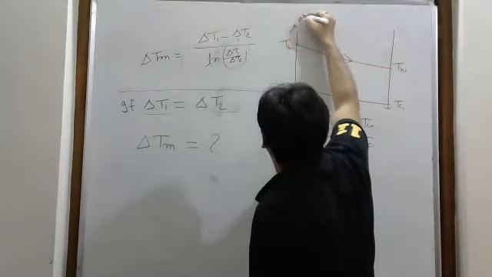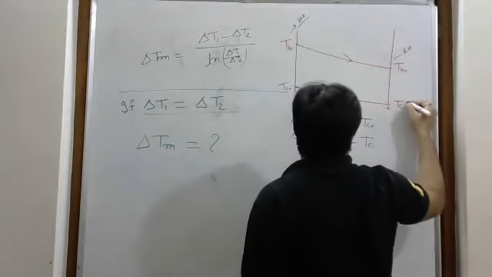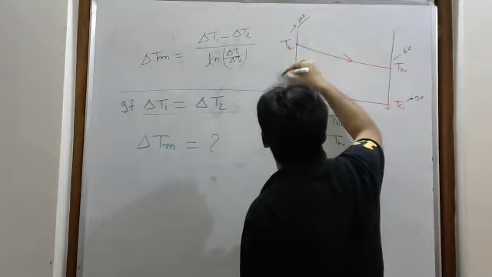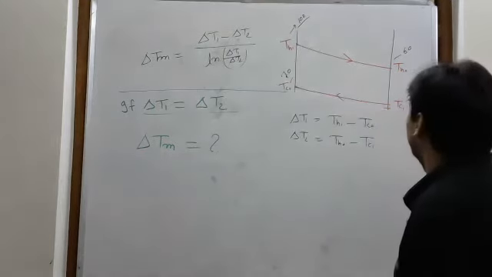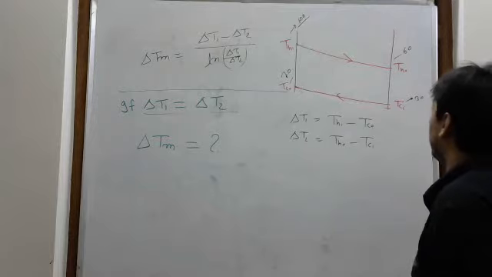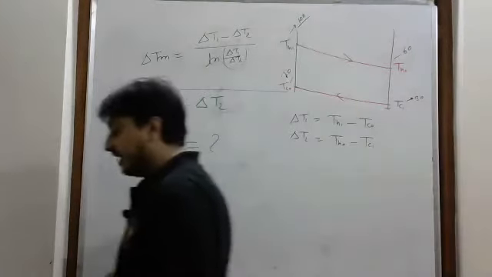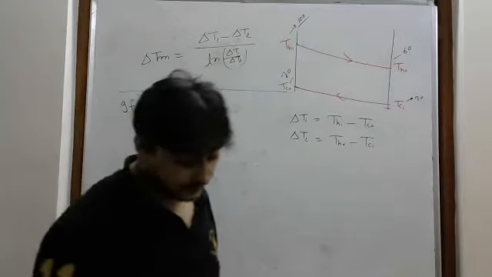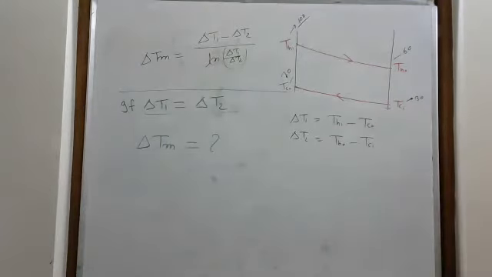Take 100, this is 60, this is 30, this is 70. Can you find del Tm? Find del Tm and tell me. Just apply some mind, after that I will tell. I need to find the logarithmic temperature difference value.